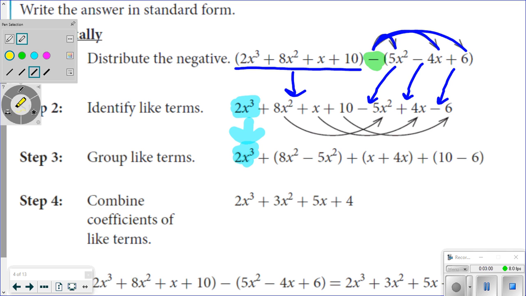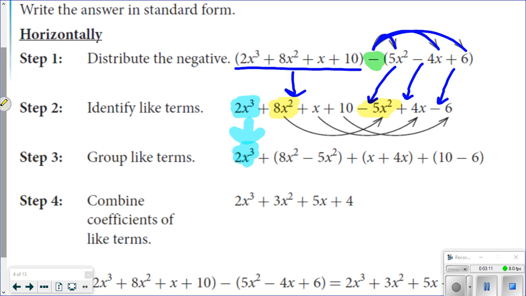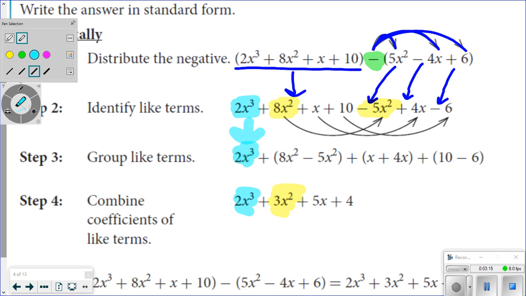So it comes down. Then I'm going to look at the next highest degree, which is my x squared. So 8x squared minus 5x squared. What's 8 minus 5? 3. So 3x squared. So then I'm going to cross those out because I've used this, I've used that, and I've used that.